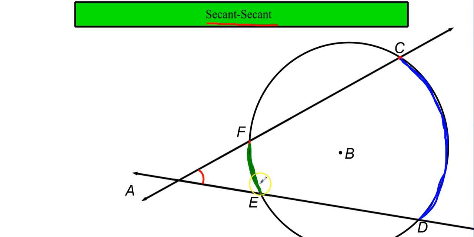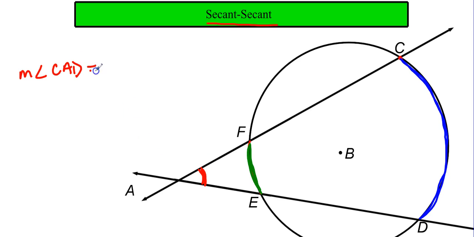We want to relate these two arcs, smaller arc and larger arc, to the angle at the actual intersection of the secants. So we're going to write the measure of angle CAD, and that's this measure here, the measure on the exterior of the circle.